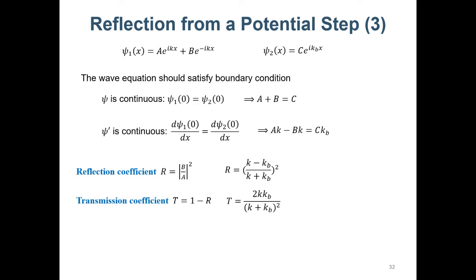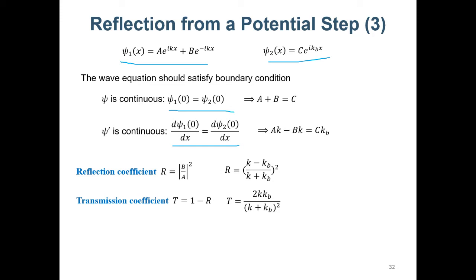So next, we also consider that phi prime is continuous at the boundary, or at any point. At the whole x-axis, phi and phi prime are continuous. So we take the derivative of phi 1 and phi 2 and substitute 0 into it.